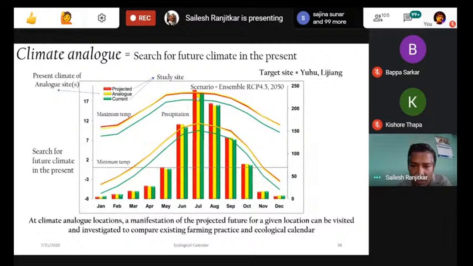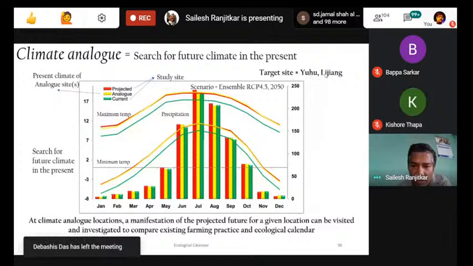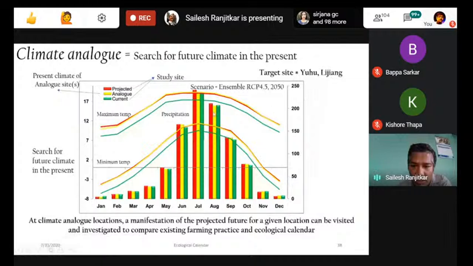We targeted one area called Yunnan, in the Yunnan province of China. Here you can see the current climate condition, minimum temperature, maximum temperature, and precipitation, in green for this area, and the red one is the projected climate change.